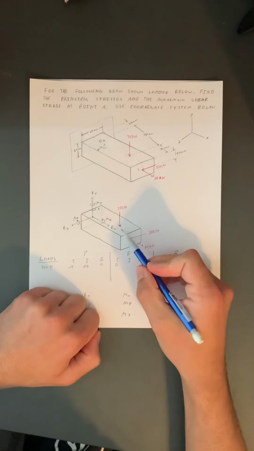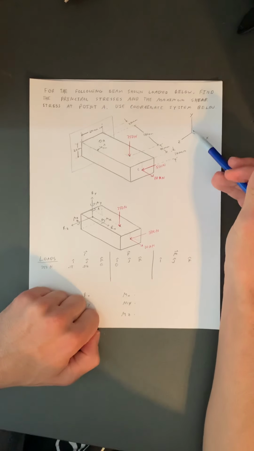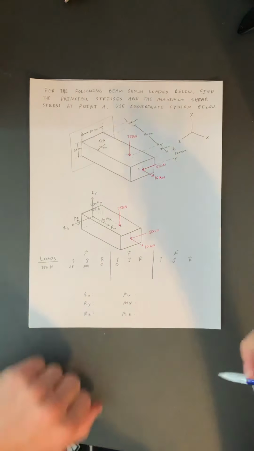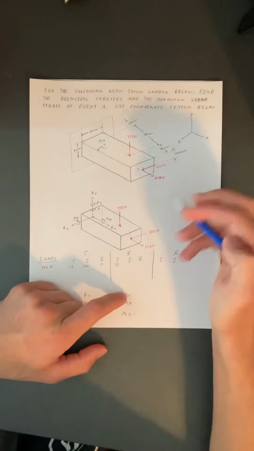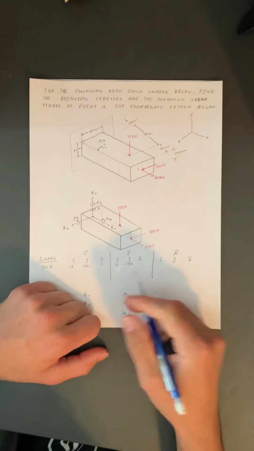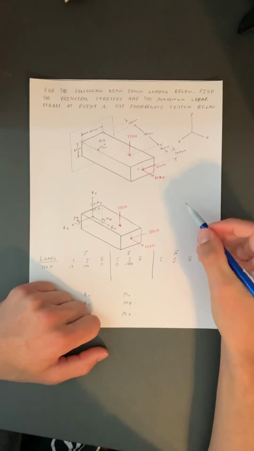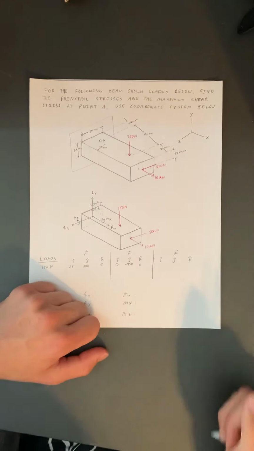It is in the Y direction, following the Y axis, and it is going down compared to the positive, which is up. So we have negative 750, and that is newtons. And again, it's not pulling or pushing in the Z axis, so we have a 0 here.